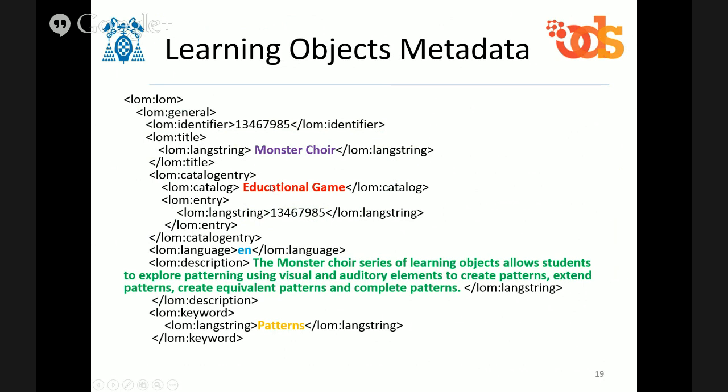Okay, you don't have to understand everything here, but I want you to notice that the information is here. Information about the title, information about the catalog entry, also about the language of the resource, and also about the description. Okay.